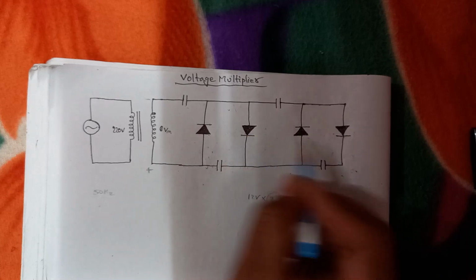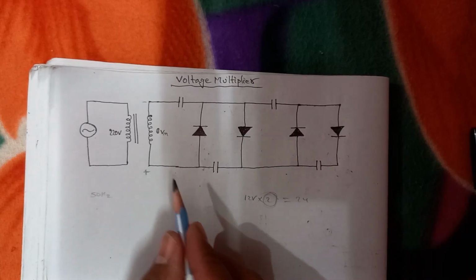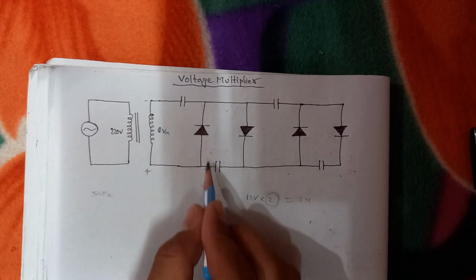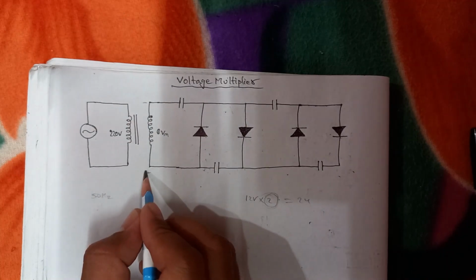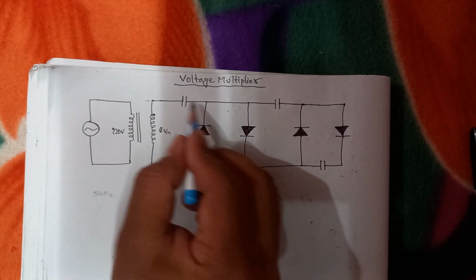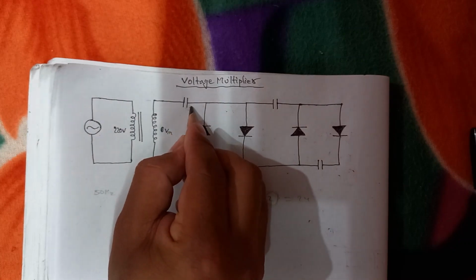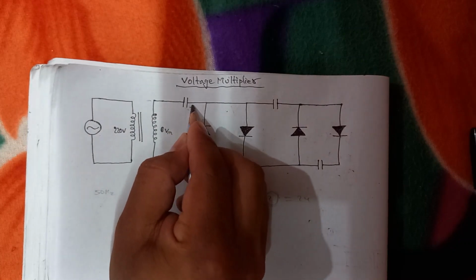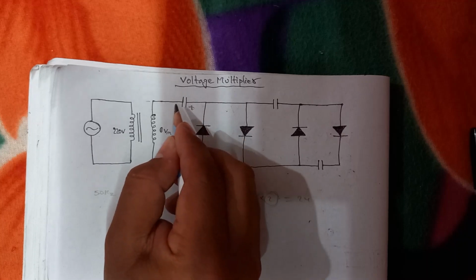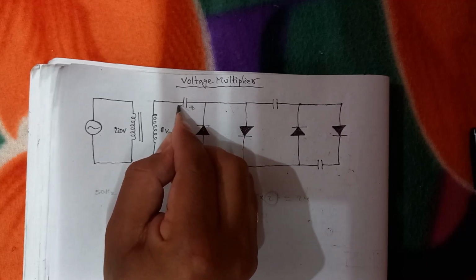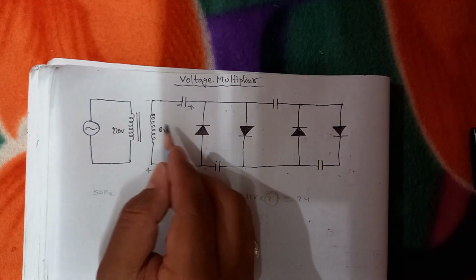Looking at this one compartment, the positive terminal goes from this diode to this terminal, so this one is positive and the other is negative. So the voltage induced is Vm.